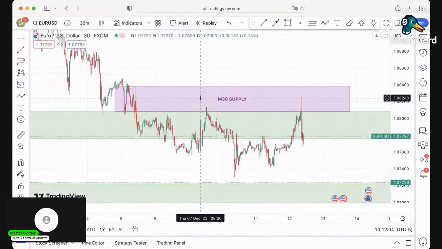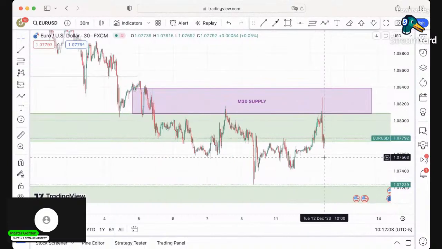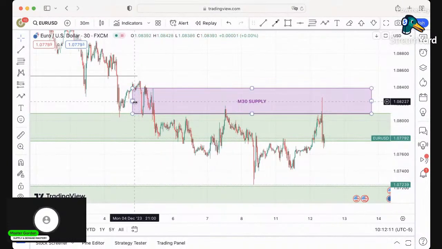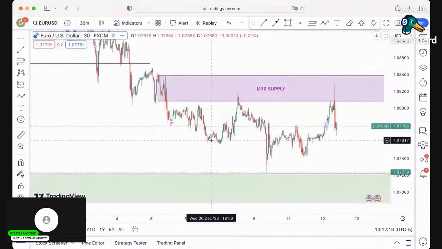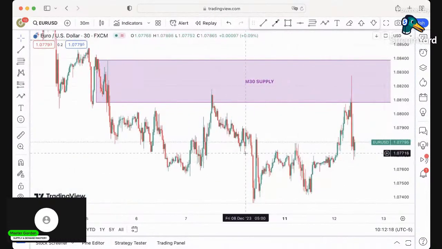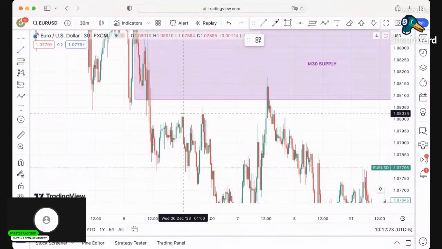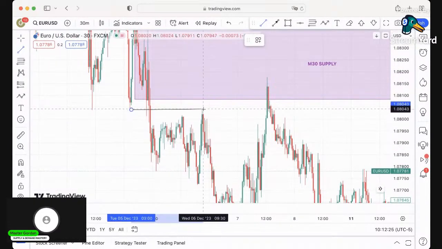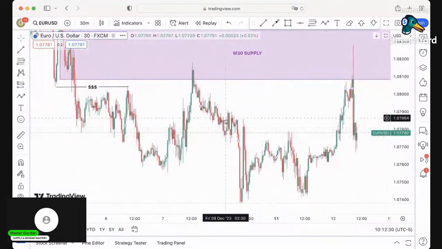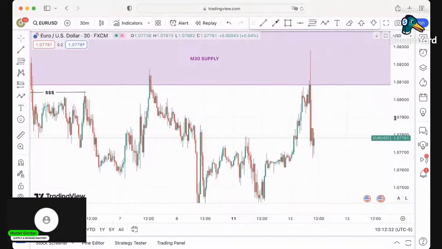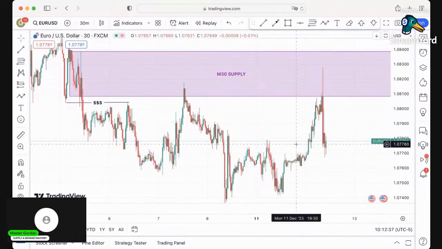You see, first touch, second touch, and it's still valid and reacted from this. For me, this is a good zone. Why is this a good zone? Very simple, because this is one of the setups, or what we call the liquidity. And this is the same as well. This is also one of the liquidity right here.